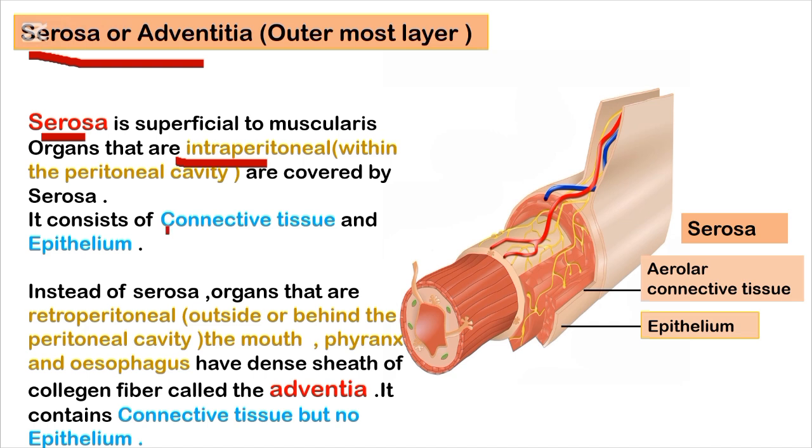It consists of connective tissue and epithelium. Instead of serosa, organs that are retroperitoneal, meaning outside or behind the peritoneal cavity, like the mouth, pharynx, and esophagus, contain adventitia, that is a dense sheath of collagen fiber. Adventitia contains connective tissue like serosa but does not have epithelium.